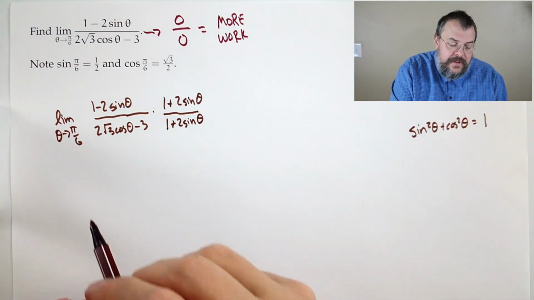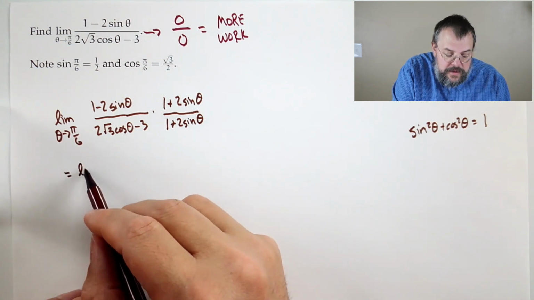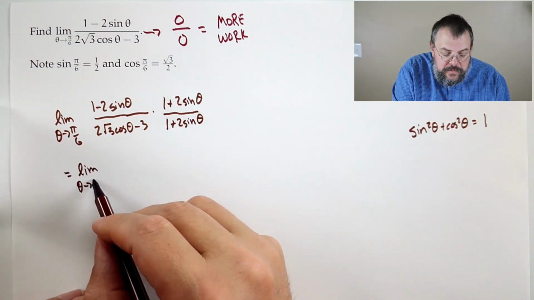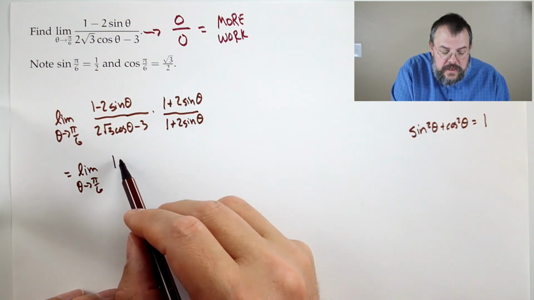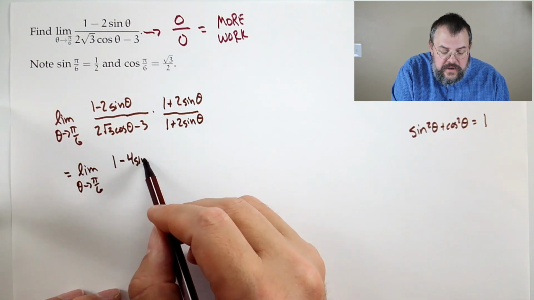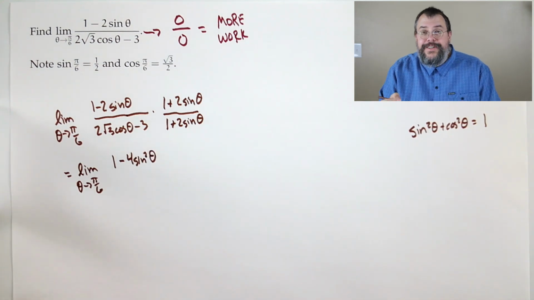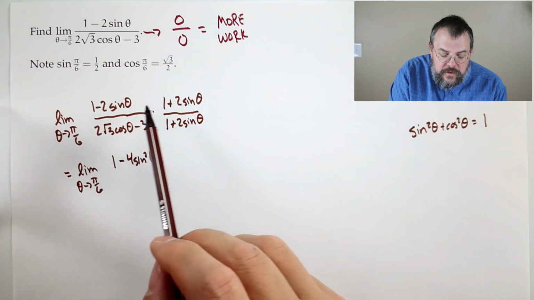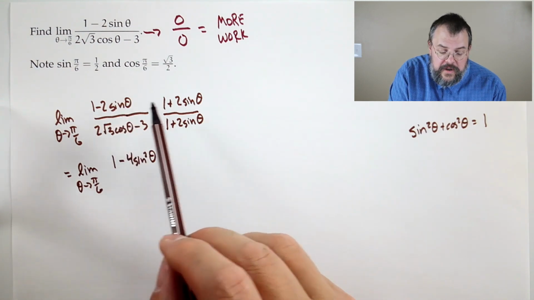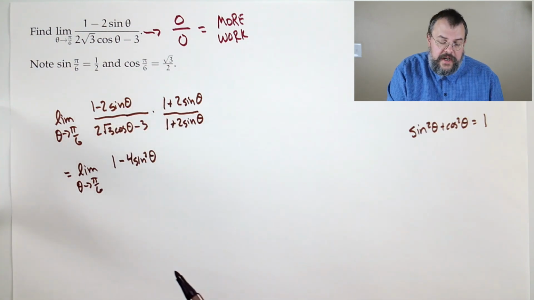Okay, so what does this become? Limit as theta goes to pi over 6. Upstairs we're going to get 1 minus 4 sine squared theta. Now where is that coming from? Well, it's coming from a squared, where a is 1, minus b squared, where b is 2 sine theta.